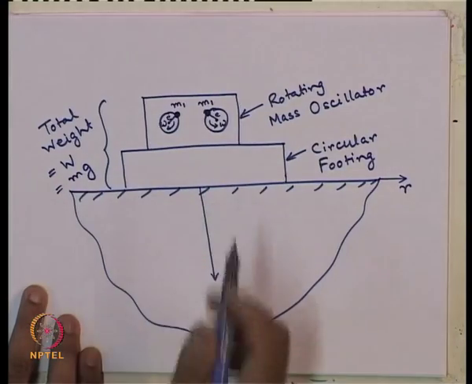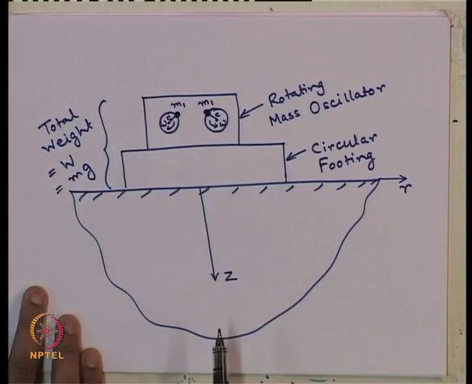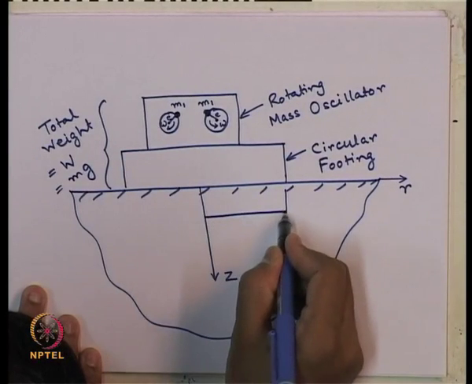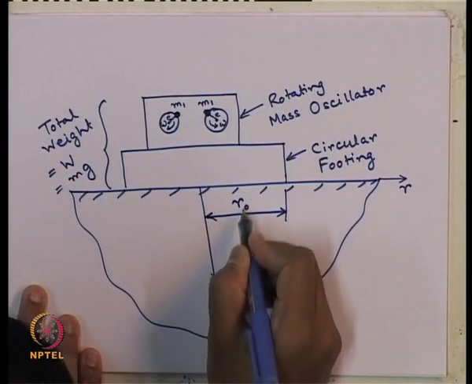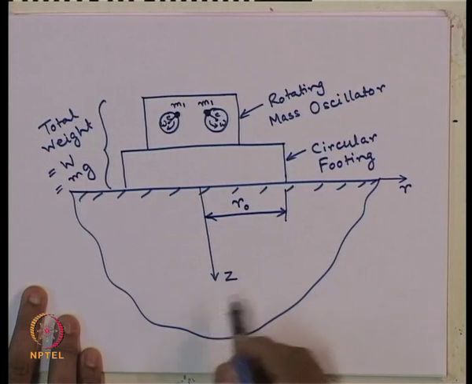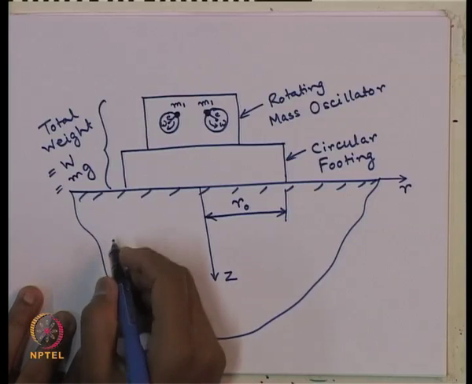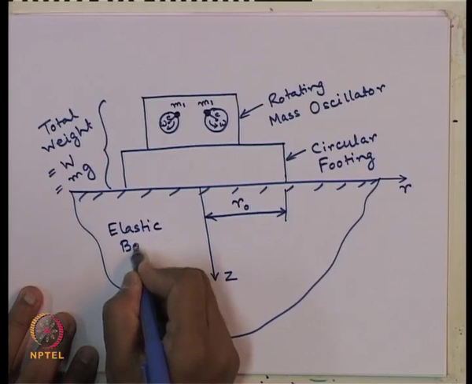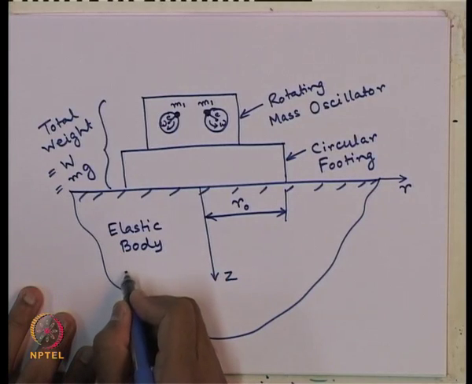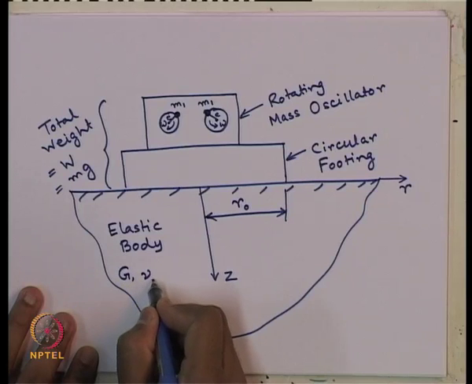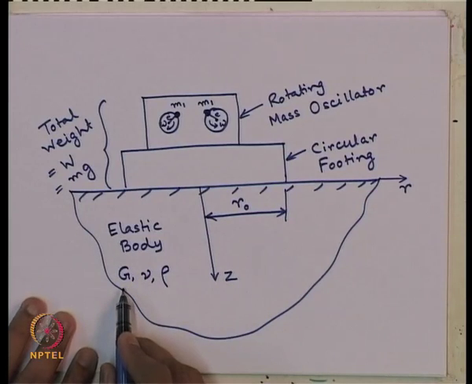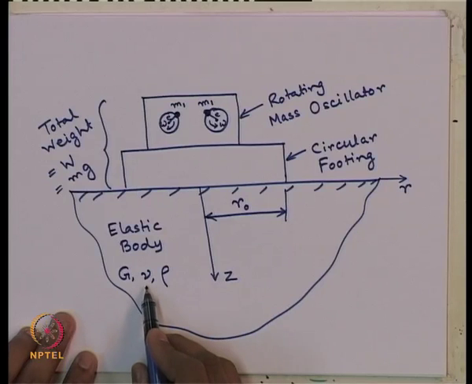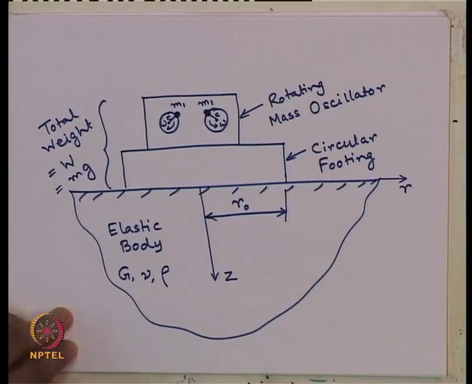M is the total mass of the footing plus machine, and this distance is r naught, the equivalent radius of the circular footing. And the soil is considered as an elastic body with known properties of G, nu and rho, that is shear modulus, Poisson's ratio and density of the soil. So, these things are known.